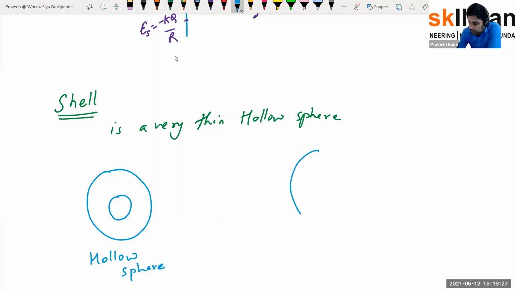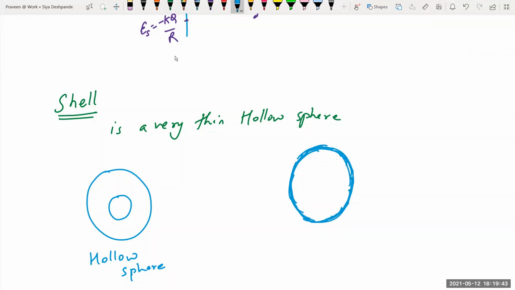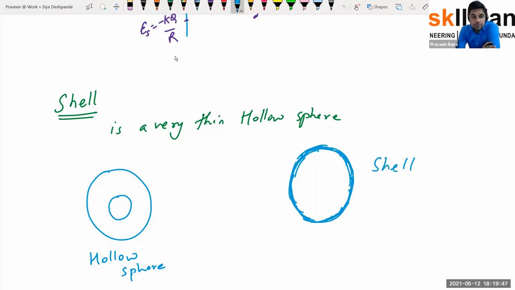Now, let's just say I have a sphere and it is very thin. It is a hollow sphere and it is very thin. So all the mass of this sphere is present on its surface. So this would be called a shell. Have you seen a bubble?